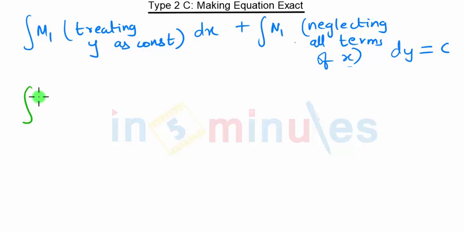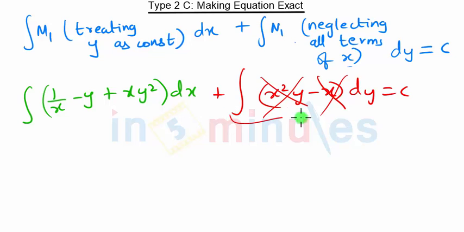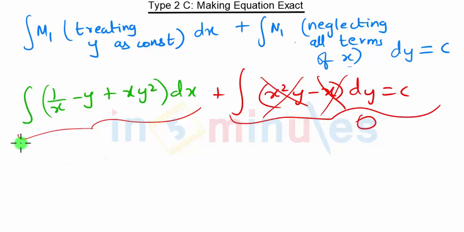So what is m1? m1 is nothing but 1 upon x minus y plus xy square into dx, and n1 is x square y minus x into dy equal to constant. In this we will neglect all the terms which have x, so this term is wholly neglected and this is also neglected, so basically this term is nothing but 0. So we are left only with this term, and in this term we will consider y as constant.